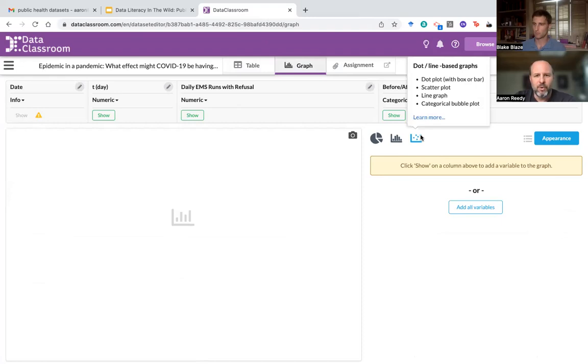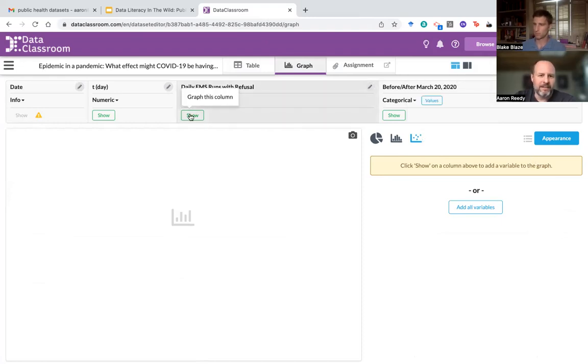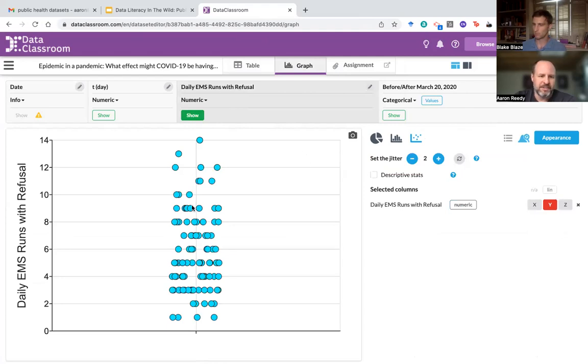So one way we could look at these data, we can plot daily EMS runs with refusal just to see what the range is here. We can look at these as a dot plot, and we can see we don't have any days with no EMS runs. So the lowest daily total is 1, and the highest, there were 14 across the state.